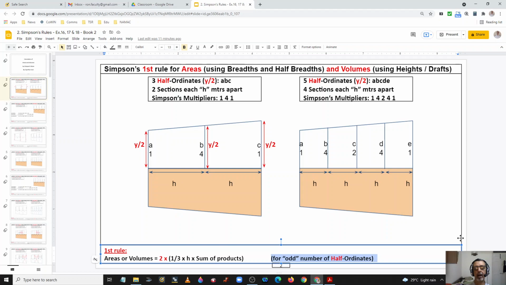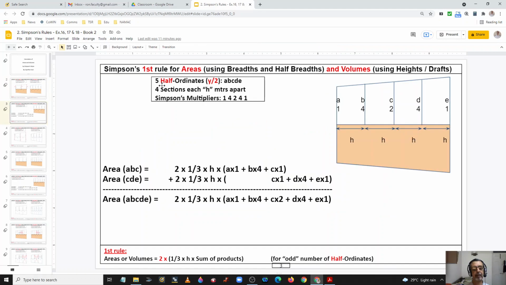Going on to the next slide, I will explain how we can compute this as 1, 4, 2, 4 and 1 when we have more than 3 odd numbered ordinates. Here we have 5 half ordinates, y by 2, A, B, C, D and E, as you saw in the previous slide.